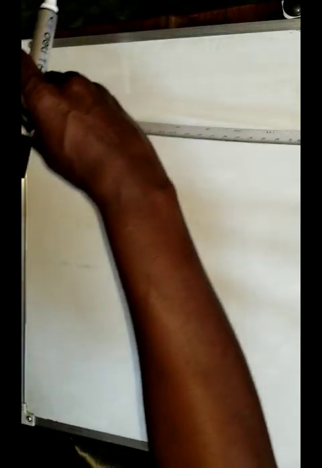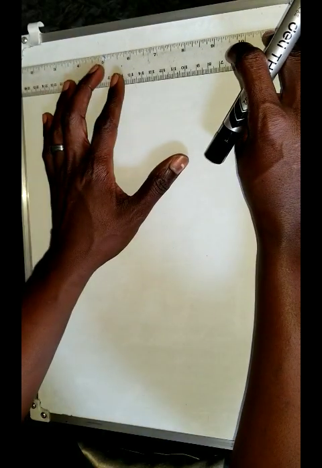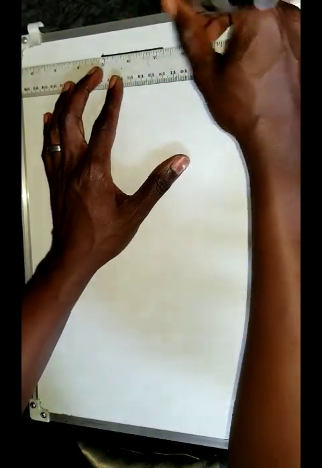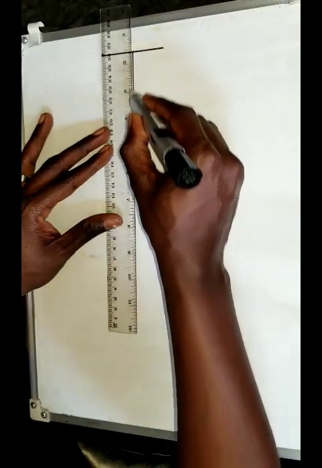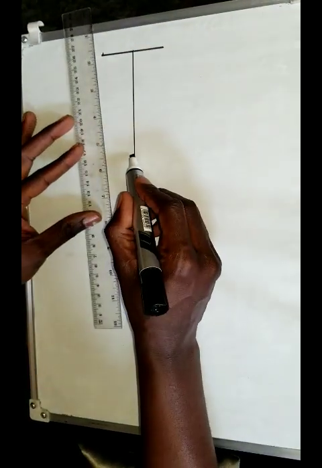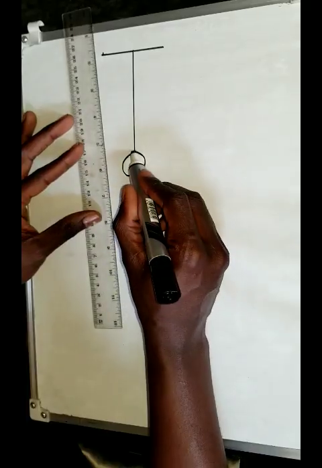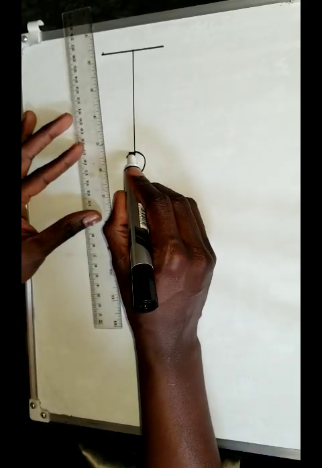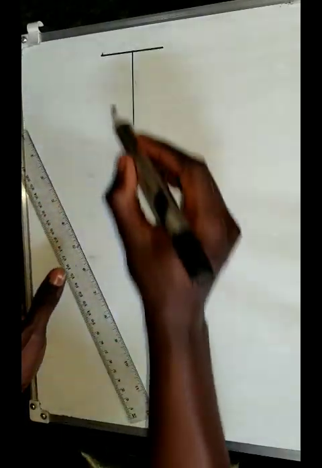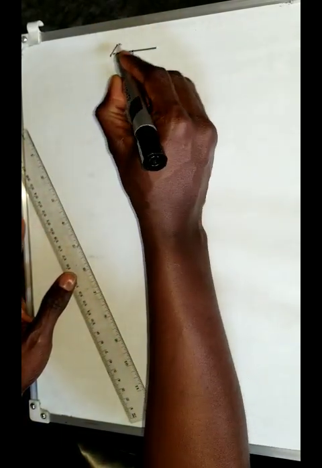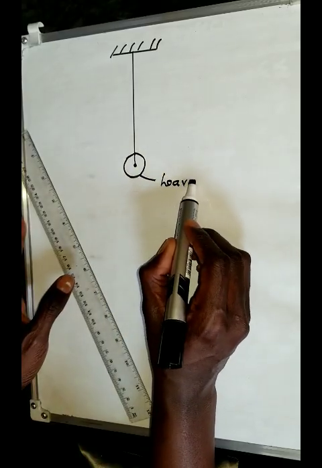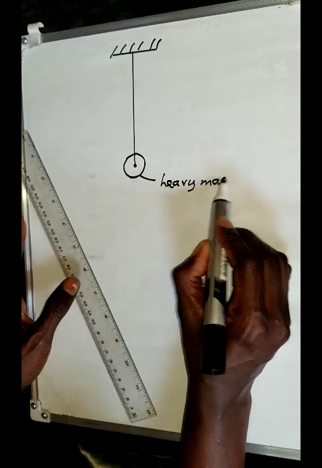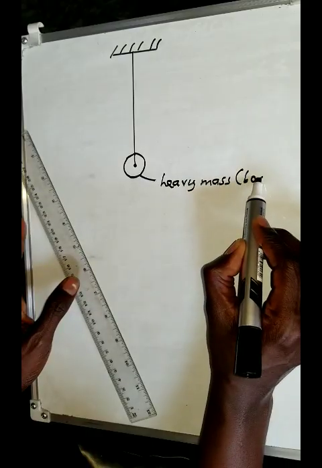Let me just show you how a simple pendulum looks like. So if I was to draw one here, we can illustrate it this way. All right, so this is what we are calling as being a simple pendulum. It is made up of a heavy mass, which we are calling a bulb.